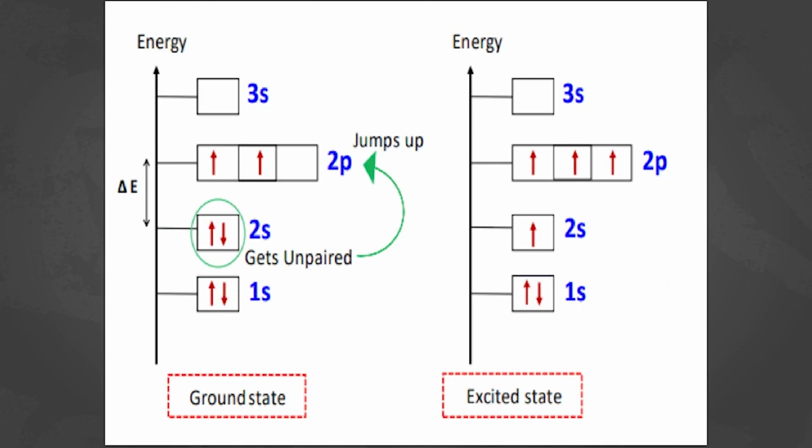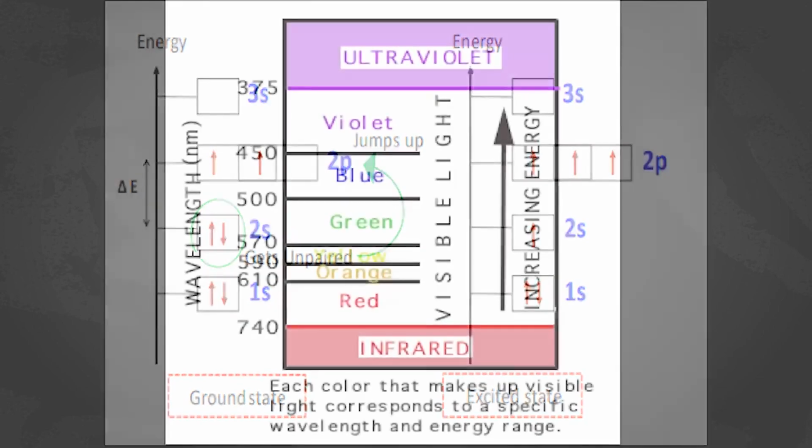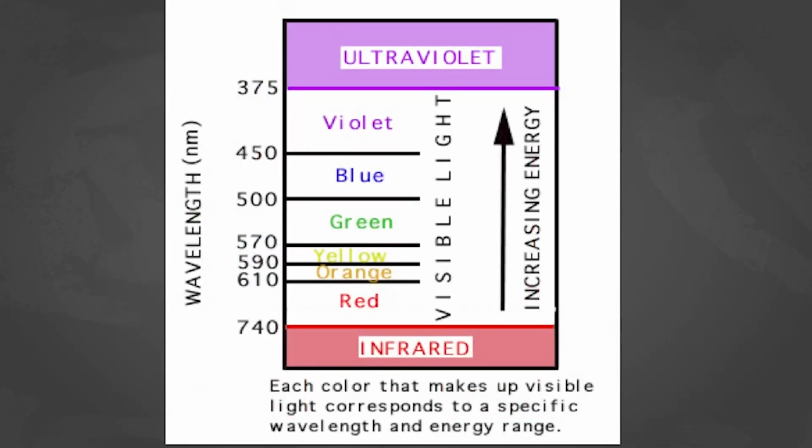Each of these jumps involves a specific amount of energy being released as light energy, and each corresponds to a particular wavelength or frequency. As a result of all these jumps, a spectrum of lines will be produced, some of which will be in the visible part of the spectrum. The color you see will be a combination of all these individual colors.